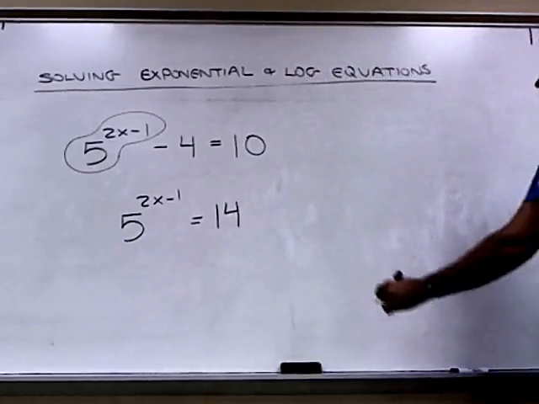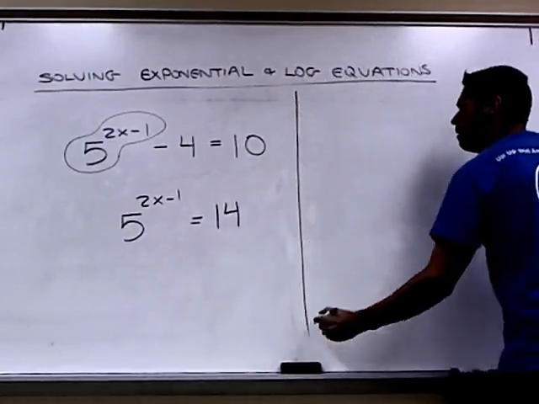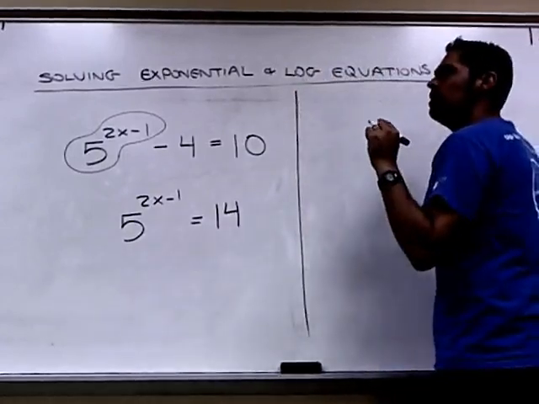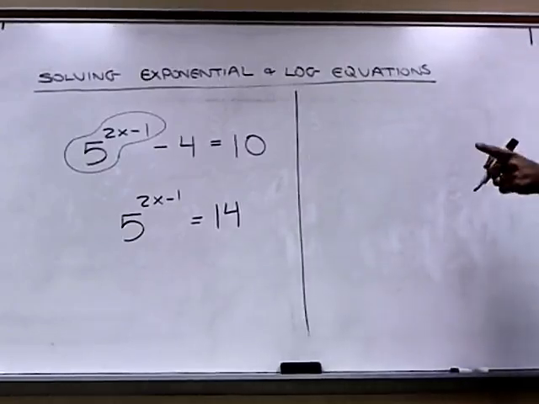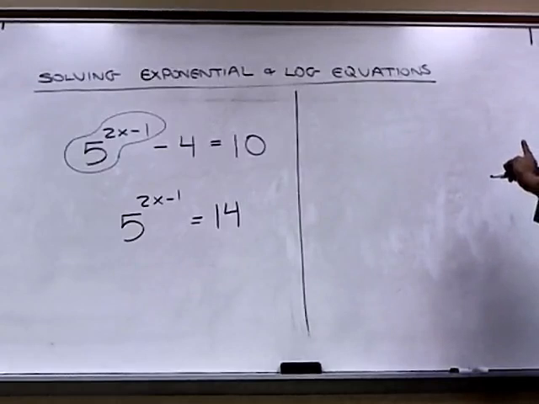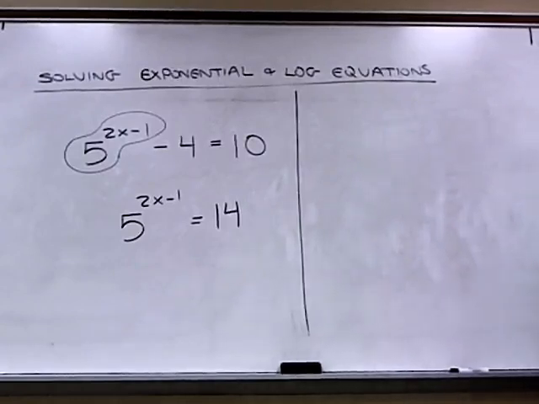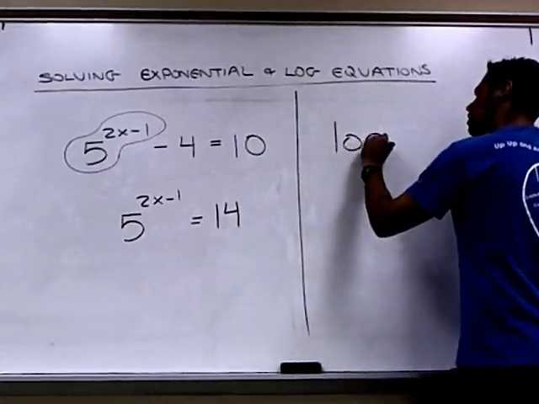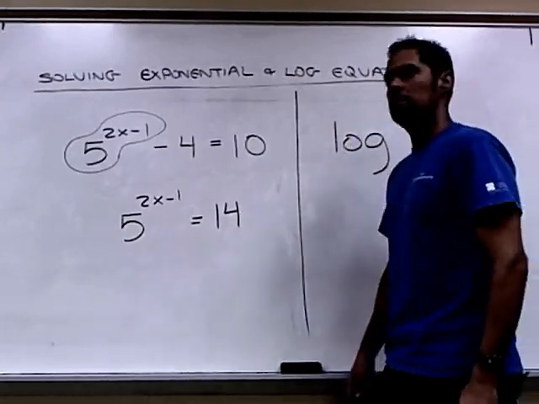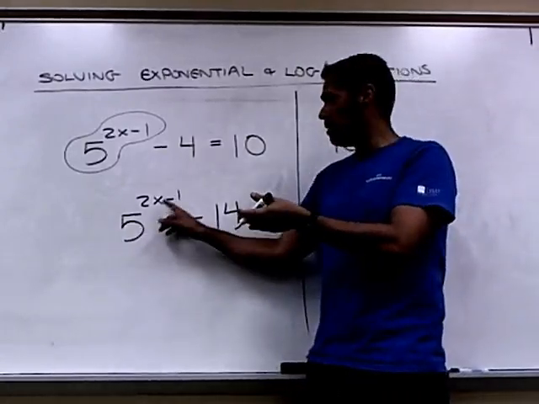So go back and think about converting from exponential to log form. How do we convert from exponential to log? This is the first thing I talked about today. If I were to rewrite this in log form, what would be my base? 5, right? It's always that number that the exponent's on.